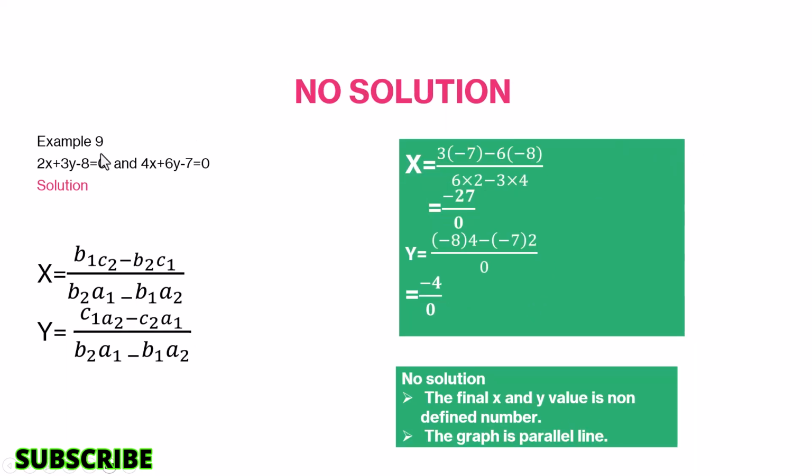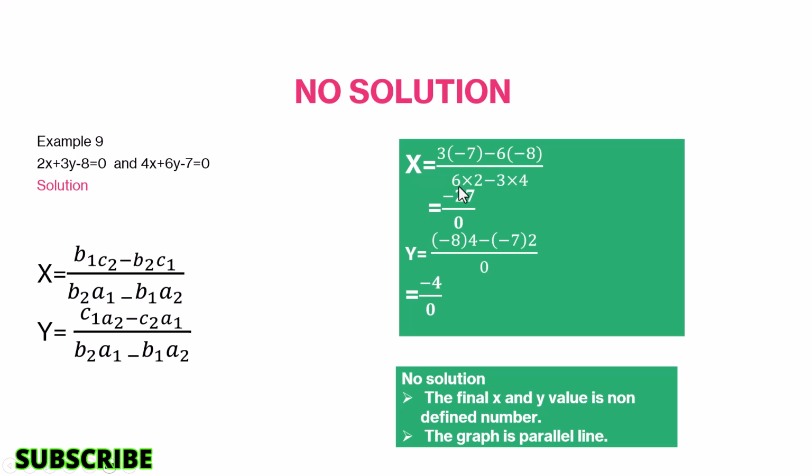Third case, no solution. Here is a pair of linear equations: 2x plus 3y minus 8 is equal to 0 and 4x plus 6y minus 7 is equal to 0. This is the formula. Apply the coefficients: b1 is 3, c2 is minus 7, b2 is 6, and c1 is minus 8.